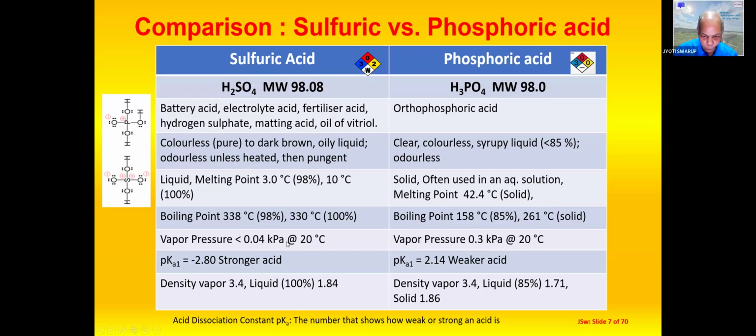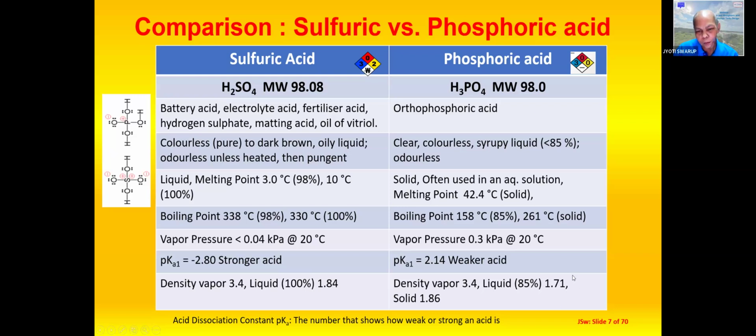Vapor pressure is very low for sulfuric acid, while phosphoric acid is higher. pK1 is a parameter called the acid dissociation constant, which tells you whether it's a stronger acid or a weaker acid. Sulfuric acid is a stronger acid, phosphoric acid is a weak acid. Vapor density is 3.4 for both of them. Liquid density of sulfuric acid is 1.84, while liquid density of phosphoric acid is 1.71.